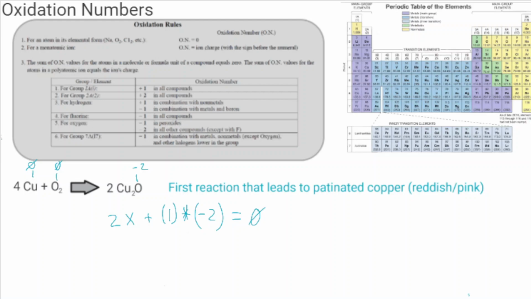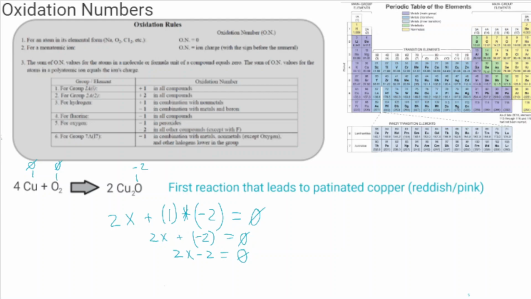And so now we can go ahead and solve this algebraic equation. We'll simplify it down. We'll say 2x plus our -2 is equal to 0. 2x minus 2 is equal to 0.